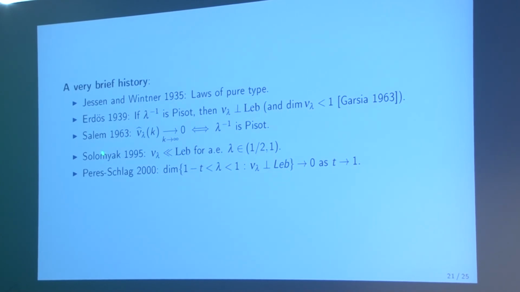There was a paper in here by Kahane, which I've omitted, but in any case, Solomyak in '95 proved that absolute continuity holds for almost every parameter lambda in this range. And it was slightly improved by Peres and Schlag to show that the dimension of singular parameters goes to 0 as you approach 1.